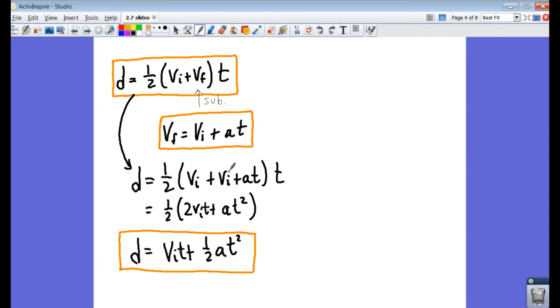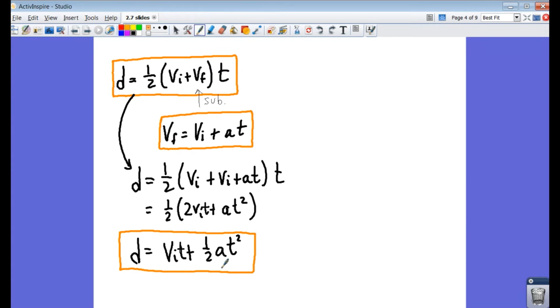So in this part of the equation, you'll see I've substituted VI plus AT in for VF. And when I multiply the T through the parentheses, I get this. And when I multiply the 1/2 through the parentheses, I come up with my third equation of motion that says displacement is equal to initial velocity times time plus 1/2 AT squared.